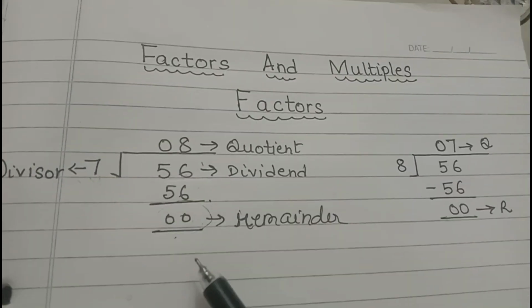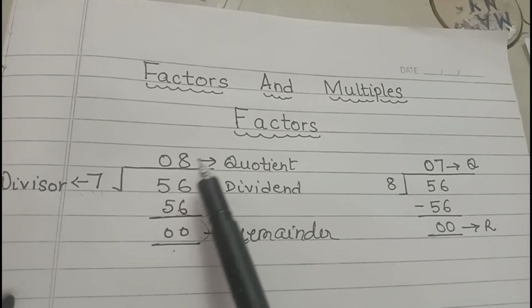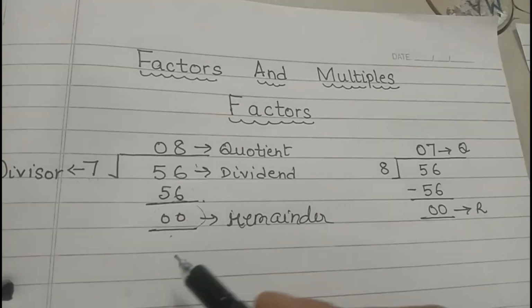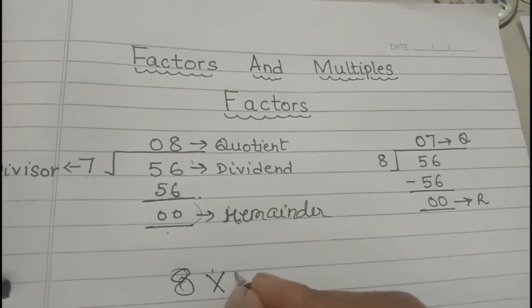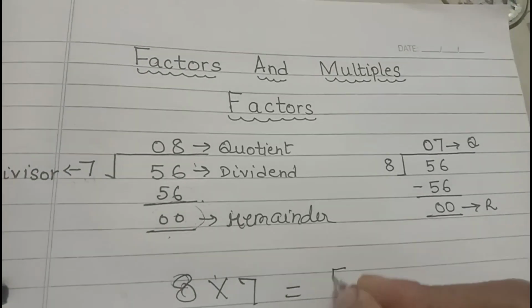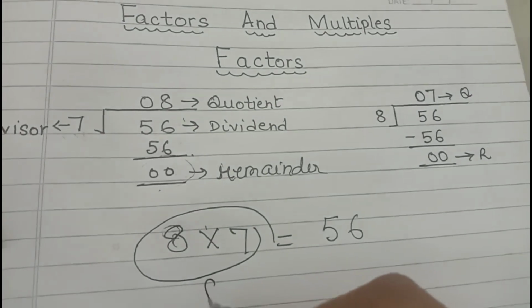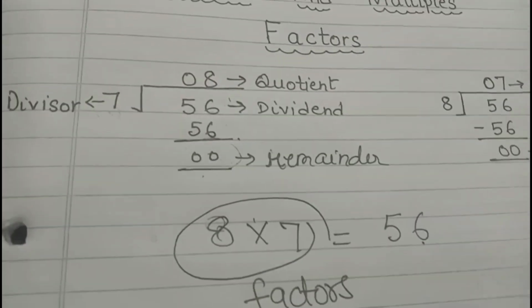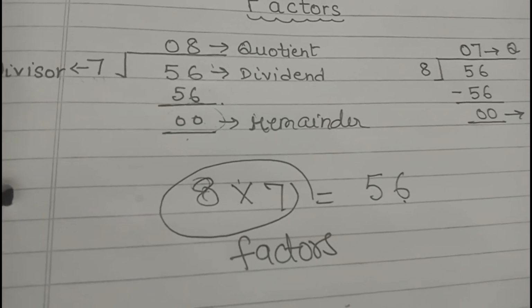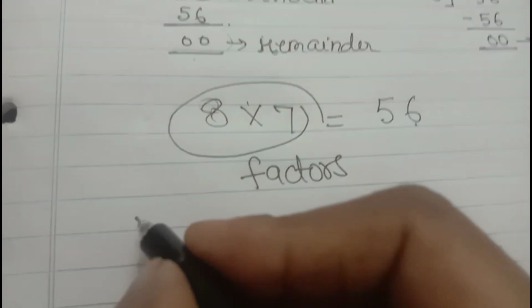So whenever you are dividing any number, the divisor and quotient become factors of the dividend. That means 8 multiplied by 7 equals 56. So 8 and 7 are factors of 56.